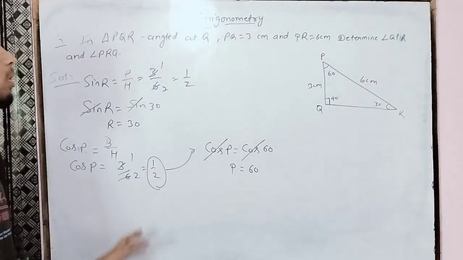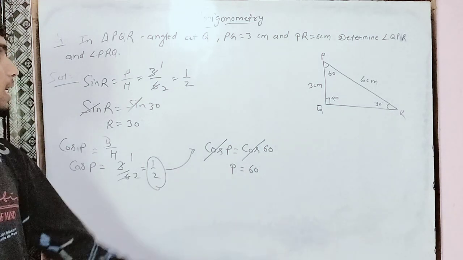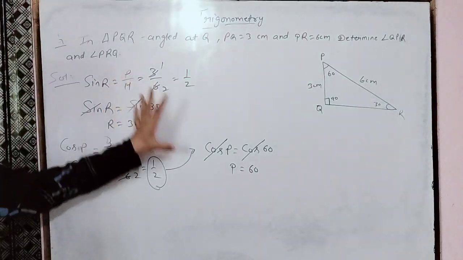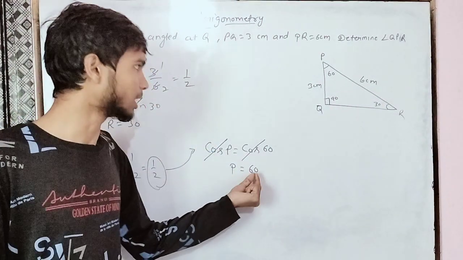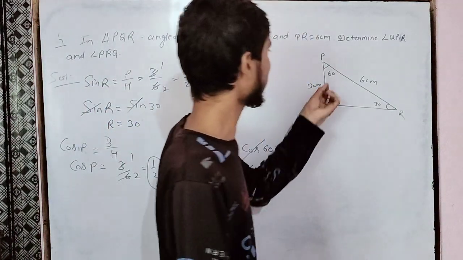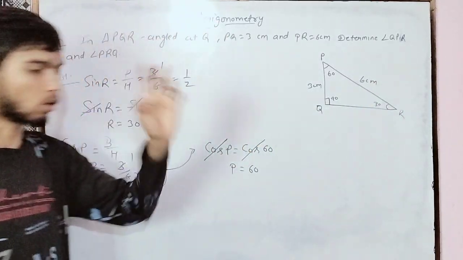Just have a look for a few seconds so that I can write the next question. It is completely right. Logically we came till here. Logically we identified the value of this theta, the value of this theta.